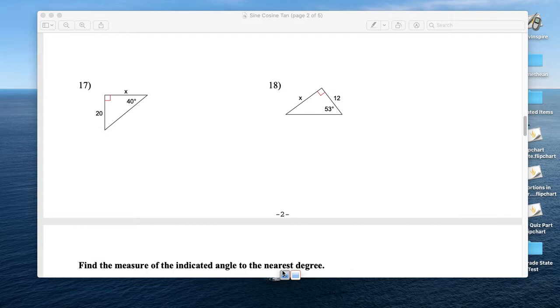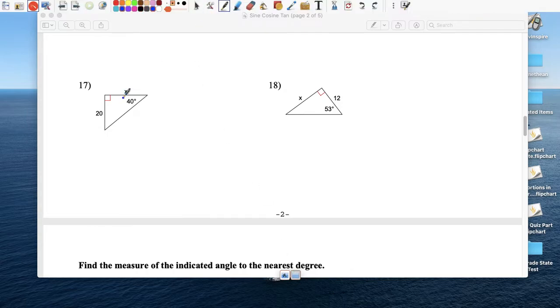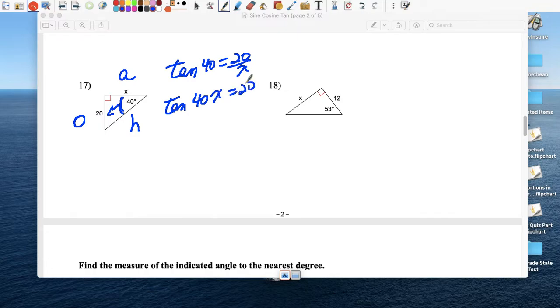Again, start with labeling the triangle. The angle is 40, points that way, so this is my opposite, this is my hypotenuse, this is my adjacent. In this case, hypotenuse is not too good for me, so I want to use the opposite and the adjacent. So tan of 40 equals 20 over x. So we get tan of 40 times x equals 20.